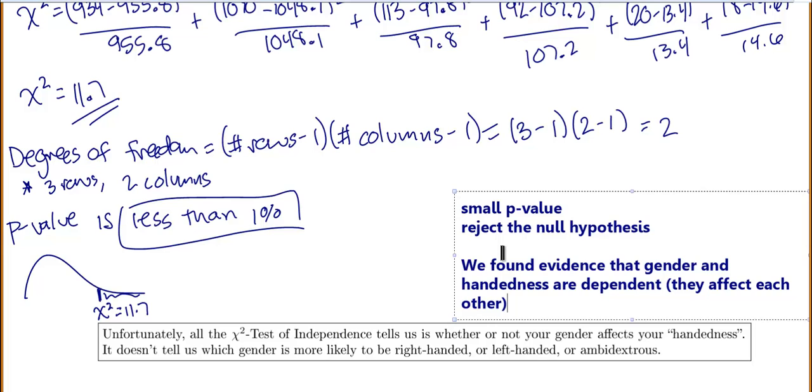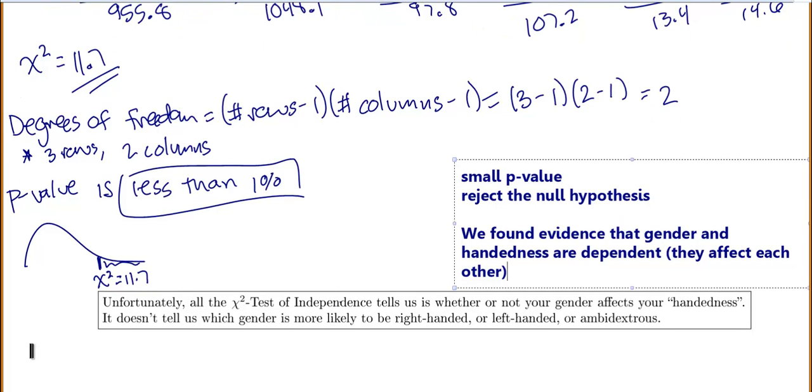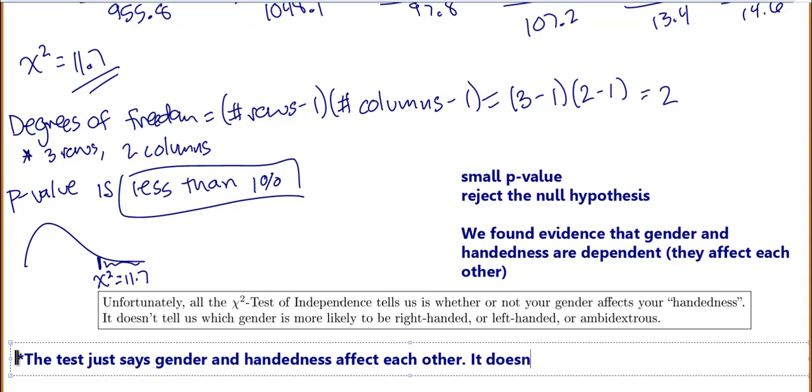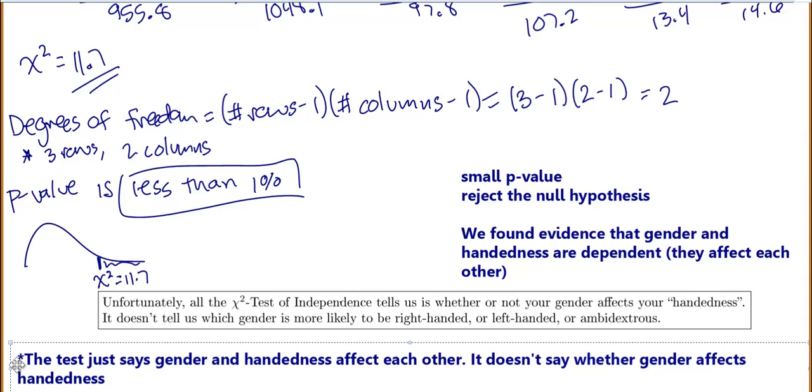And now when we say they affect each other, the test just says gender and handedness affect each other. It doesn't say whether gender affects handedness or handedness affects gender, or whether they both affect each other.